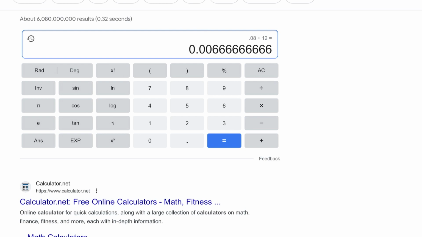Instead of using 0.006667 times 200,000, I just use the result that I have in my calculator earlier by taking 0.08 divided by 12, and I just take this number multiplying by 200,000 and I get 1,333.33333. So this is not my final answer yet. So I will keep carrying as many digits as I have to.